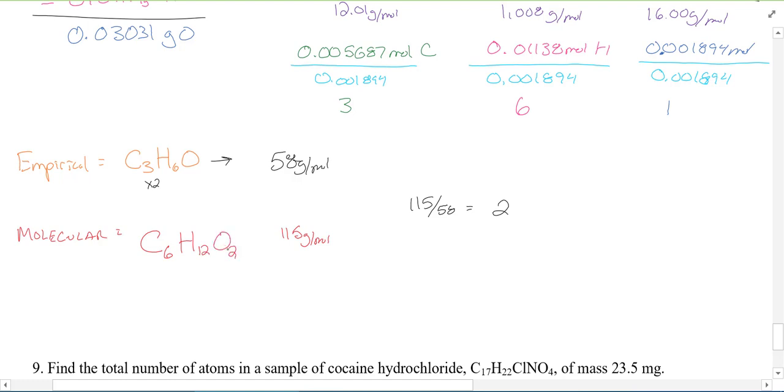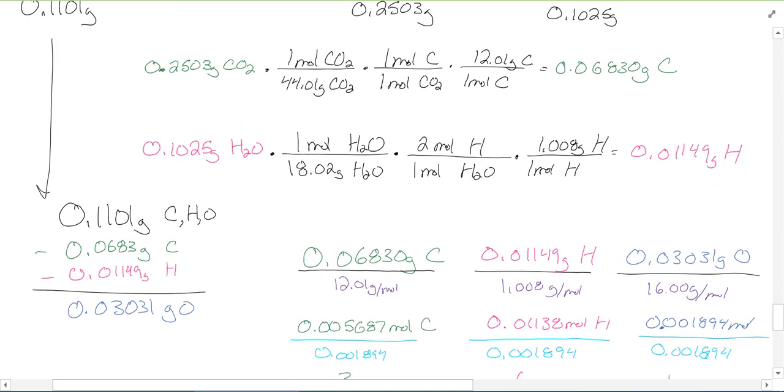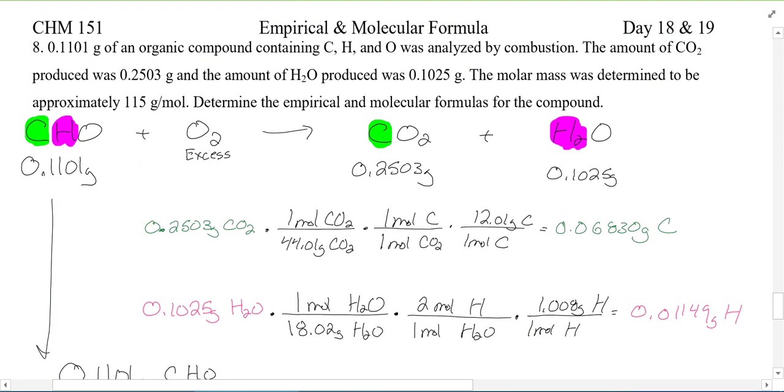So let's recap this. We figured out so many grams of carbon dioxide, so many grams of water. All the carbon from the carbon dioxide came from my unknown. All my hydrogen came from my unknown. So I took my grams of carbon dioxide and got my grams of carbon. Took my grams of water and got my grams of hydrogen.